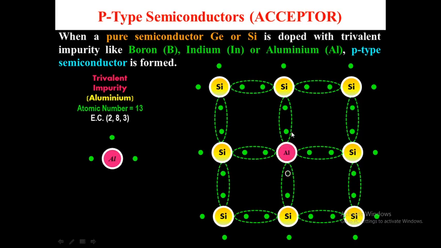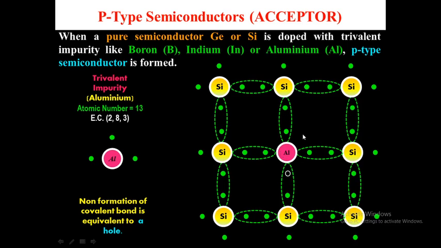The 3 valence electrons are involved in the formation of covalent bonds, but the fourth covalent bond remains unformed. This non-formation of a covalent bond is equivalent to a hole. So it leaves behind one hole when one silicon is replaced by the trivalent impurity aluminium.